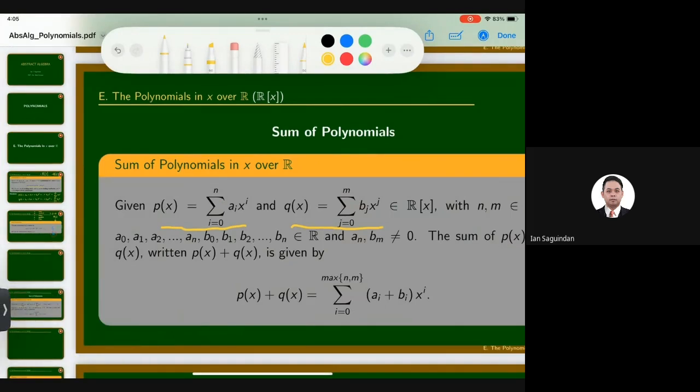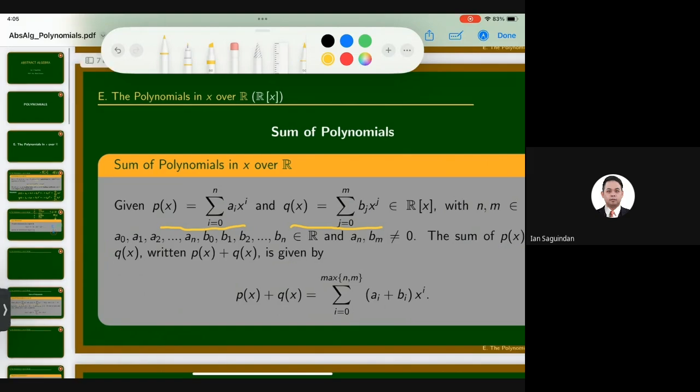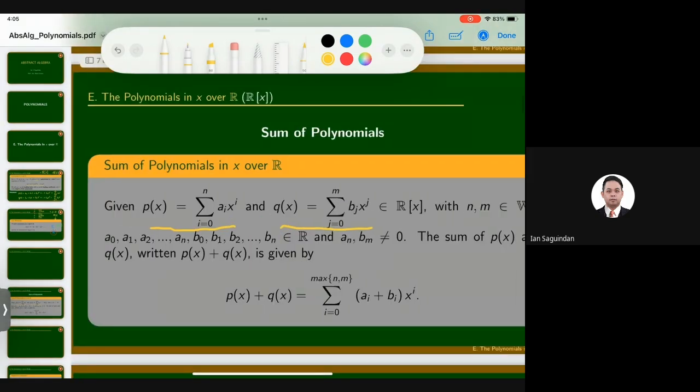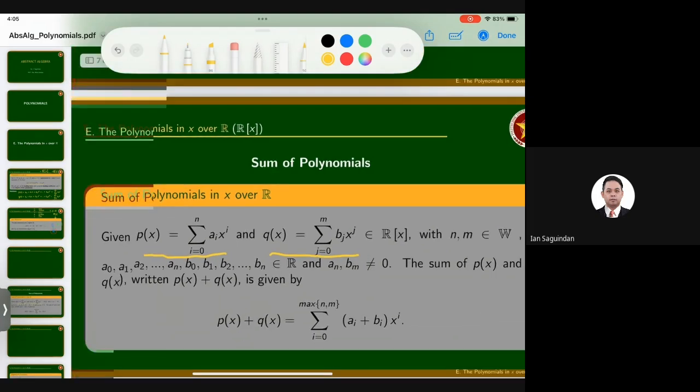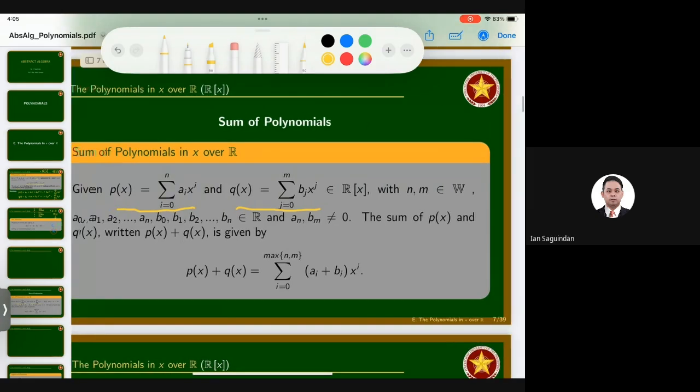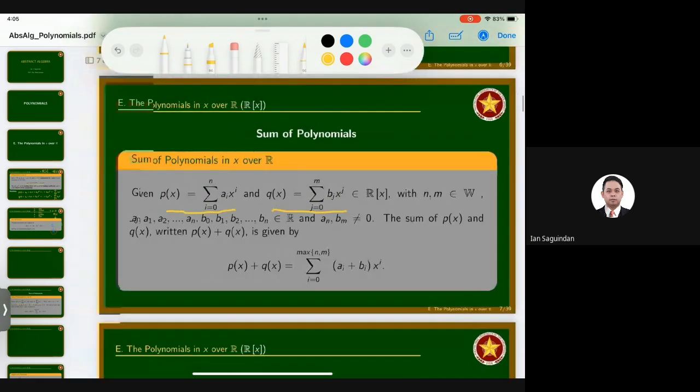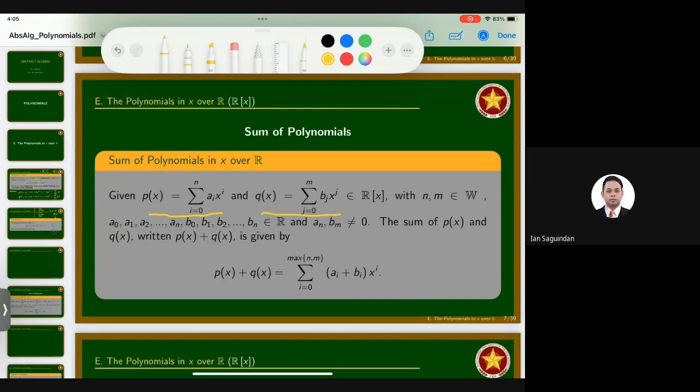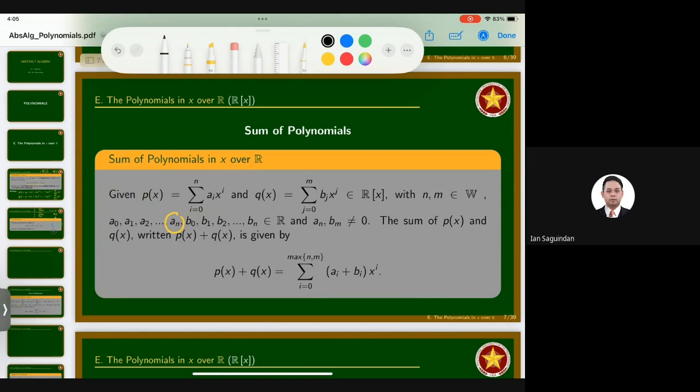Okay, clarifying the declaration of the polynomials, we are saying that the a sub i's and the b sub j's should all be real numbers, and we are going to force that a sub n and b sub m are both not equal to 0, or else it will not be possible to name the degree of the polynomial.